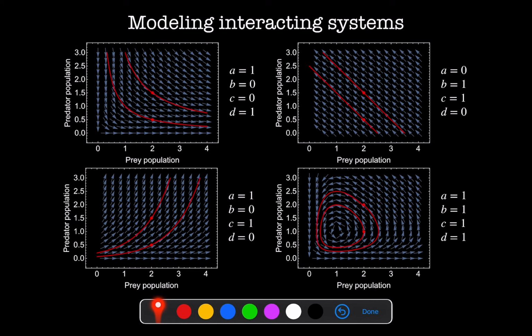Another example that you've likely heard of in the news is the SIR model. This is a model for epidemiology. This is modeling 3 populations of people. There are people who are susceptible, there are people who are infectious, and there are people who are recovered. There are rates of transmission within these populations. So infected people can only infect susceptible people, for instance.